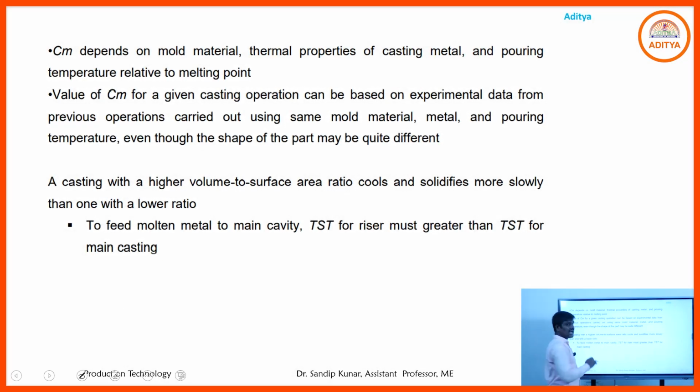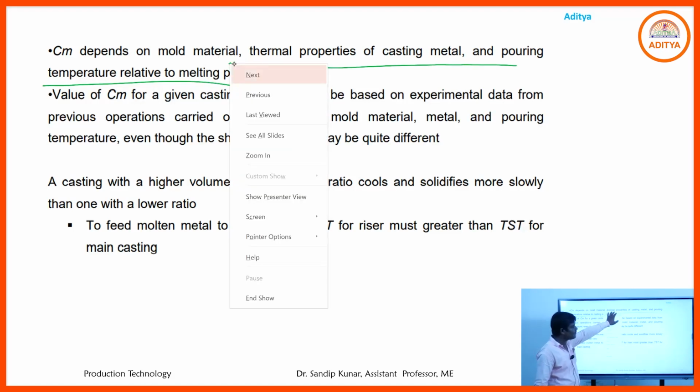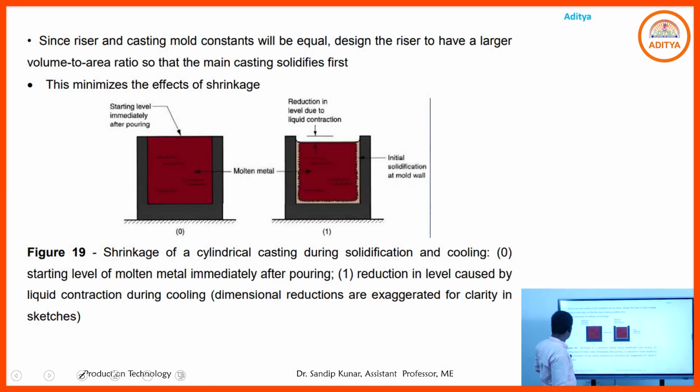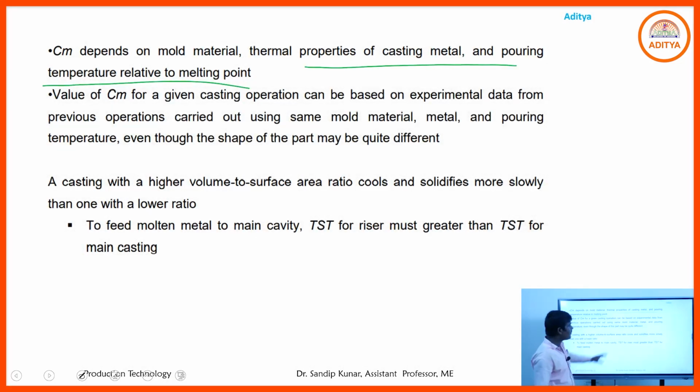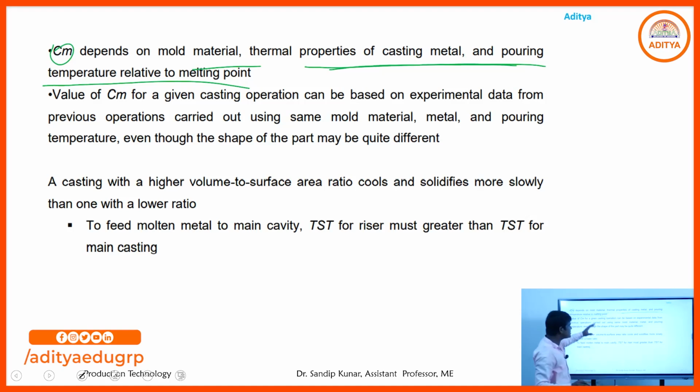Cm, the mold constant, depends upon the mold material, the thermal properties of the metal, and the pouring temperature relative to the melting point. So Cm depends upon those factors. The value of Cm is generally decided based on experimentation.